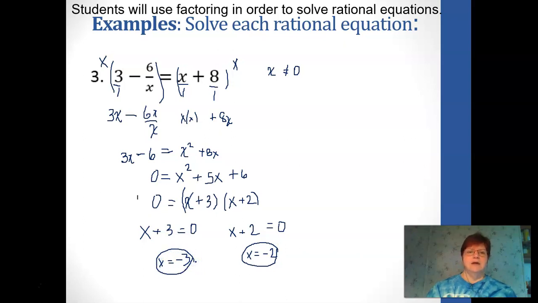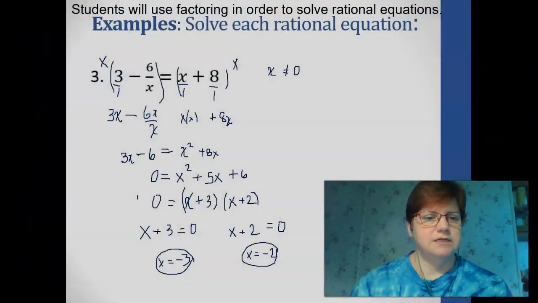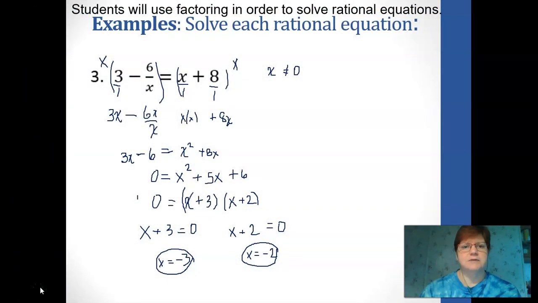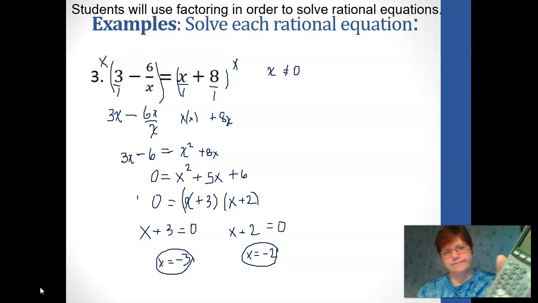Now, you can go up to your calculator again, and we have 3 minus 6 divided by x. If I do 3 minus 6 divided by negative 3, I got 5. And the other side of that equation was x plus 8, so negative 3 plus 8 is also 5.